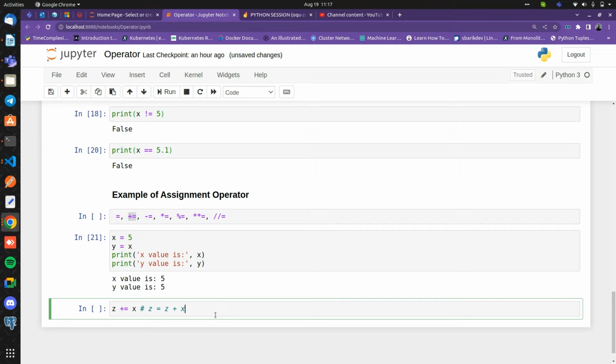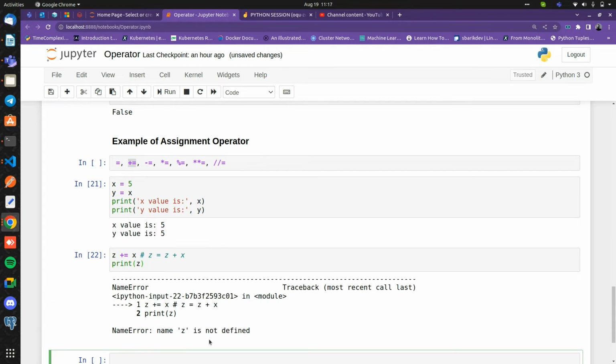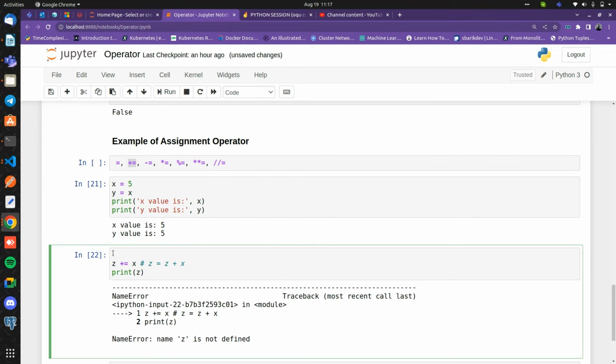In this case, z is not defined, right? If I print z, it will give me an error because z is not defined yet. So I have to define z, let's say z equal to 0.